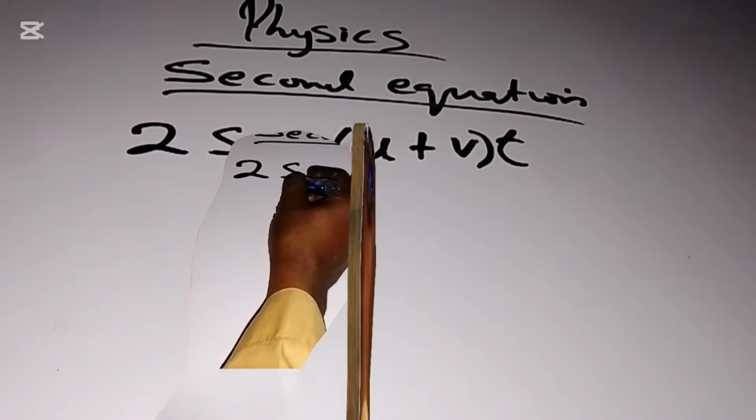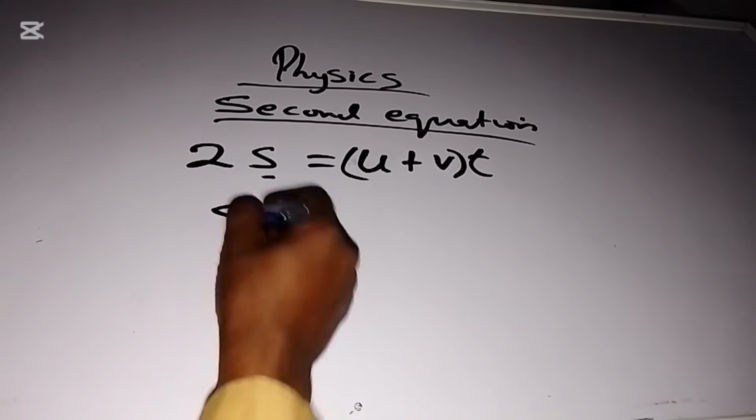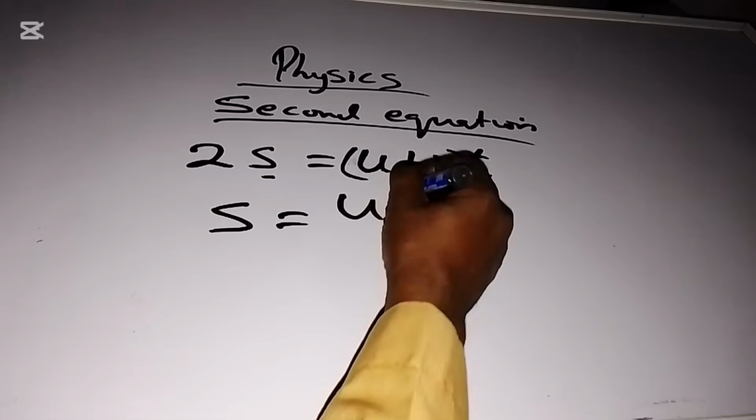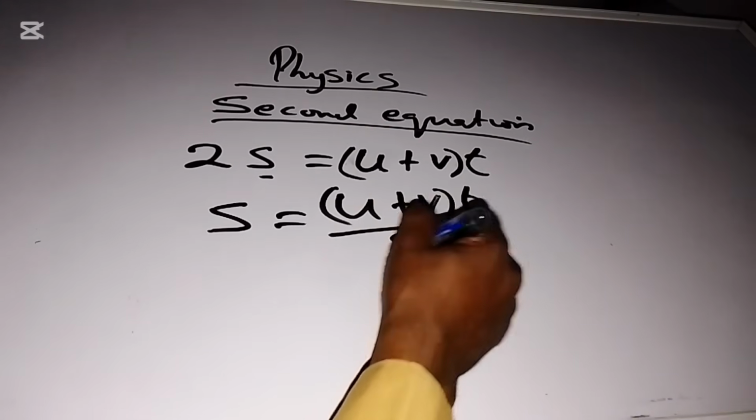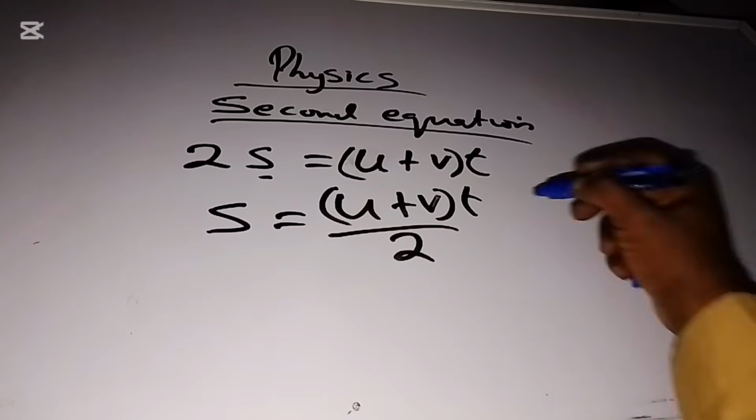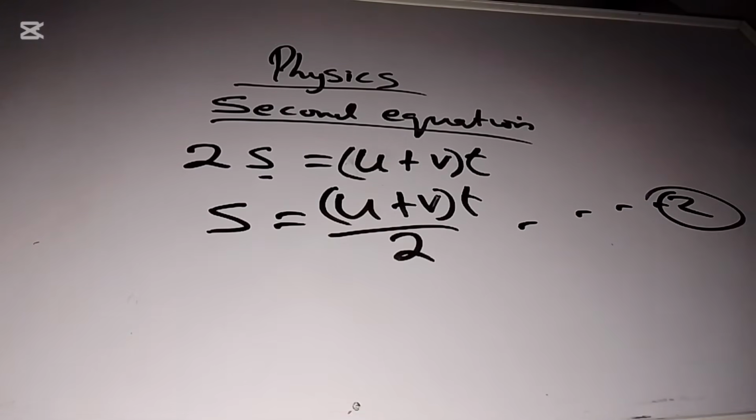If you make s the subject, s will be equal to u plus v multiplied by t all over 2. So this is your second equation.